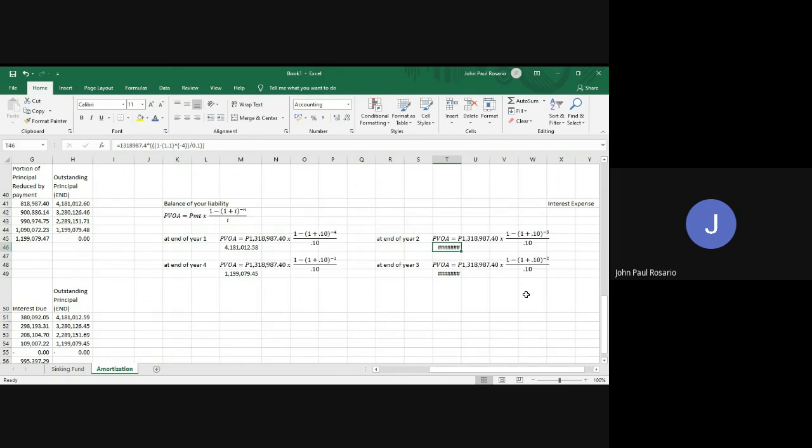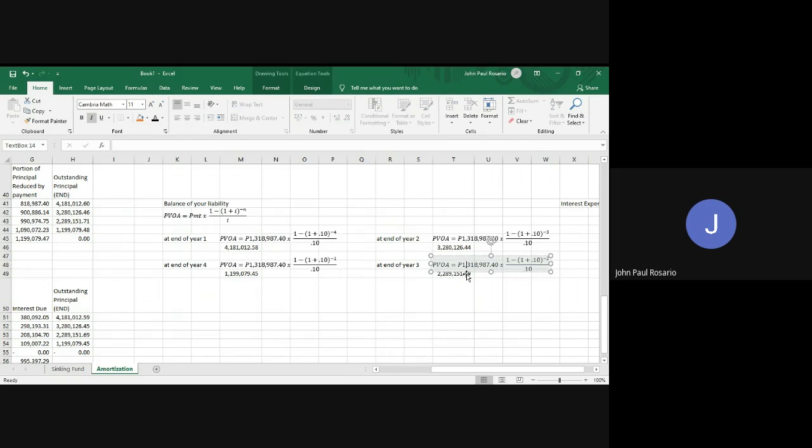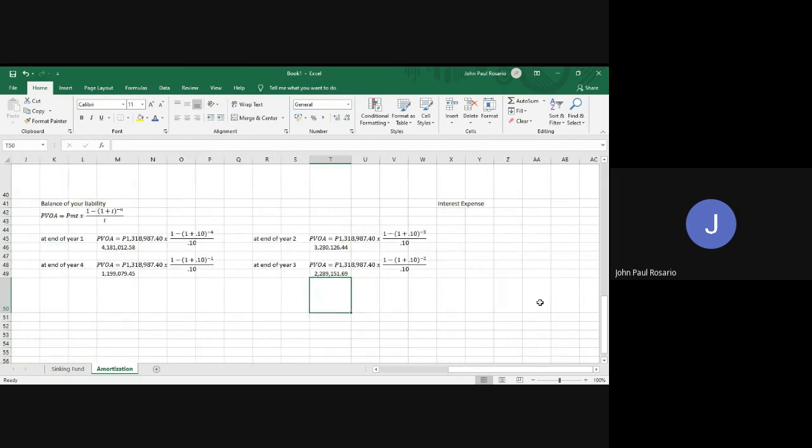So with that here, minus 3. This one, it's minus 2. Check if it's correct. So balance at the end of year 2, 3,280,126. And then the balance at the end of year 3 is 2,289,151.50.